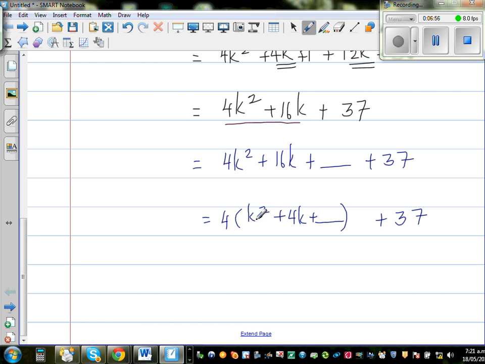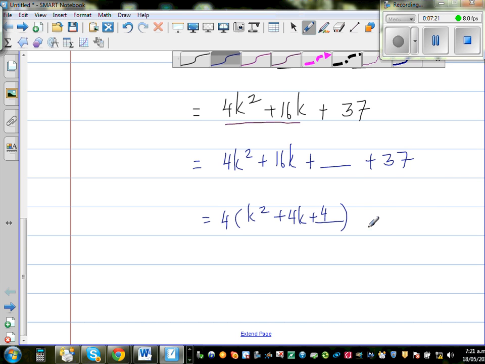Now using the completing the square method, half of 4 is 2, and the square of 2 is 4. So inside the bracket you have added 4, which is 16 on your own after multiplying by 4.